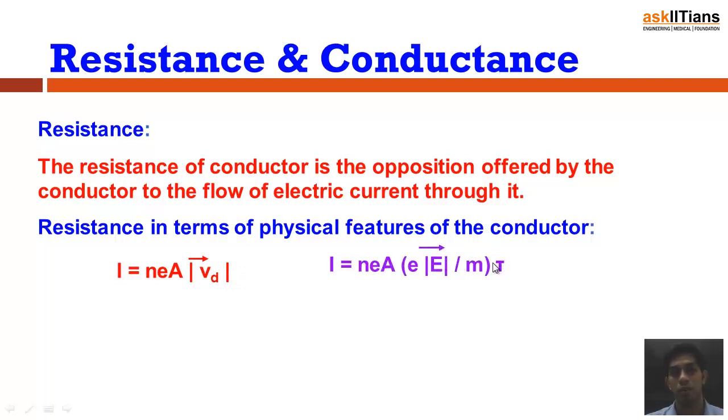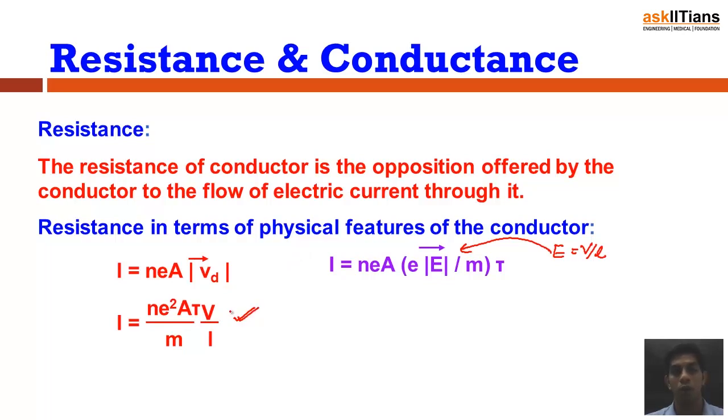So we'll substitute the value of Vd over here, and we also know that electric field is basically potential difference per unit length. We'll use that value again so that we get a relationship between the current and the potential difference.